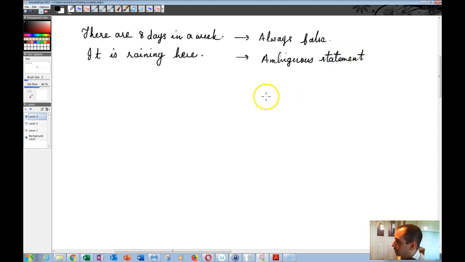The next thing that we have is: the sun sets in the west. We know it for a fact, based on astronomy and physics and things like that, that the sun basically rises in the east and sets in the west.